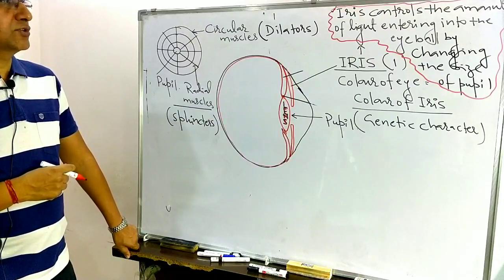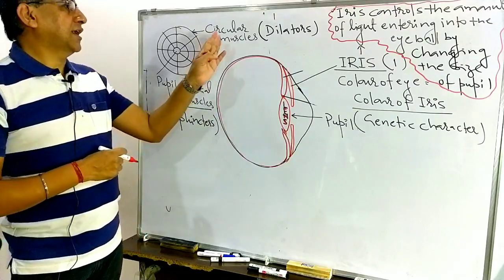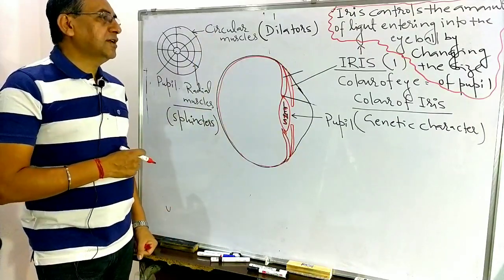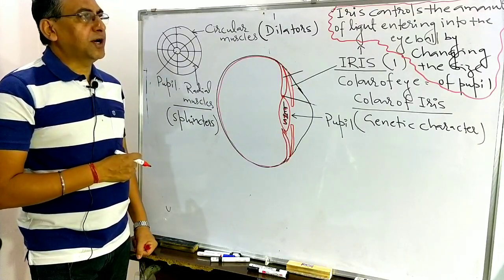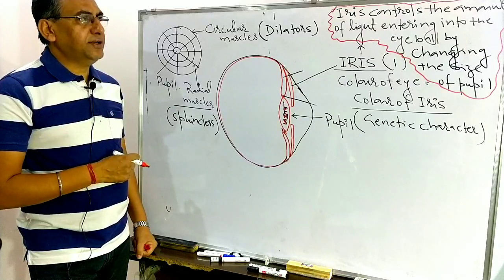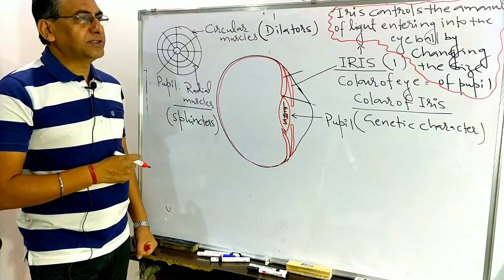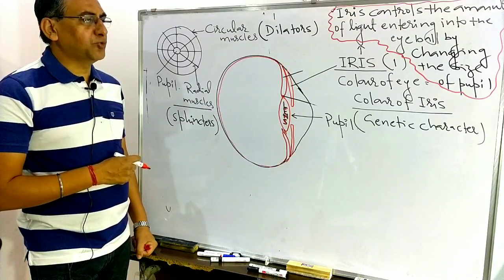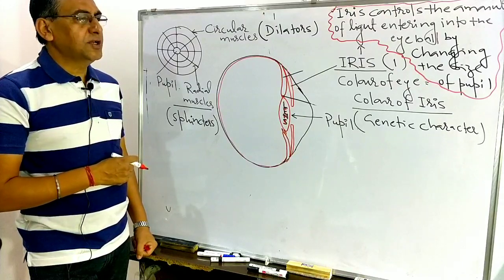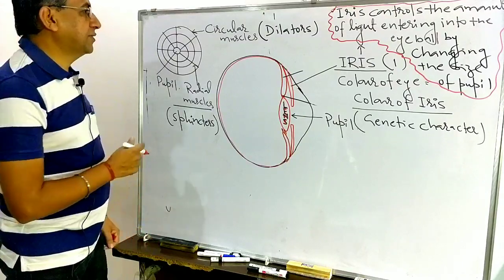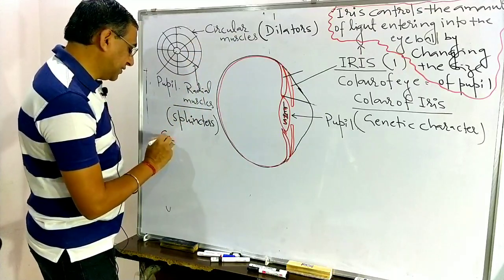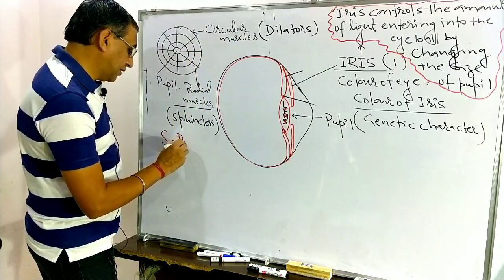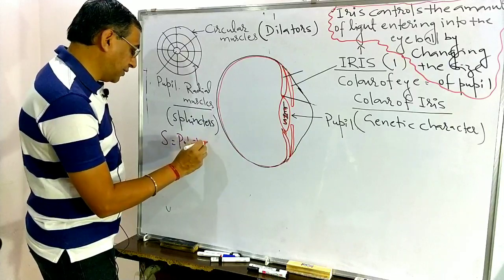So the iris controls the amount of light, because in the iris the circular muscles are there, which are dilators, and the radial muscles are there, which are sphincters. The iris controls the amount of light entering into the eyeball by changing the size of the pupil. And yesterday we discussed the effect of the sympathetic on the pupil, that it is inhibitory.